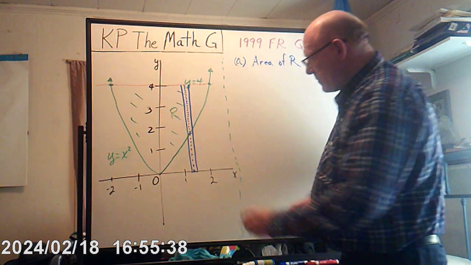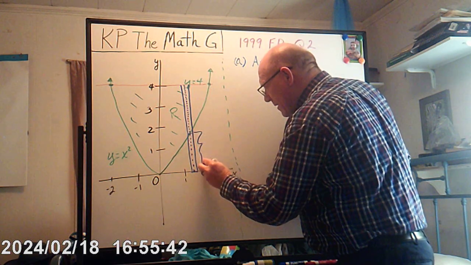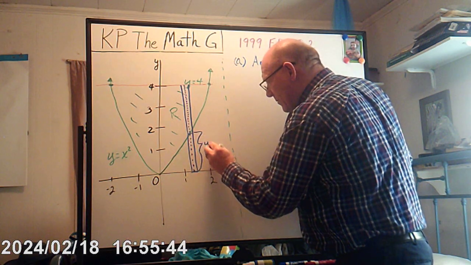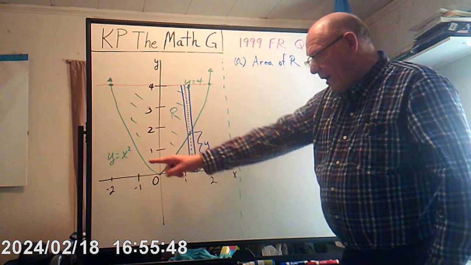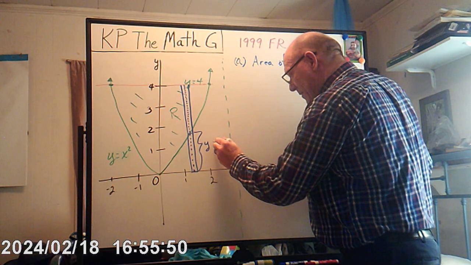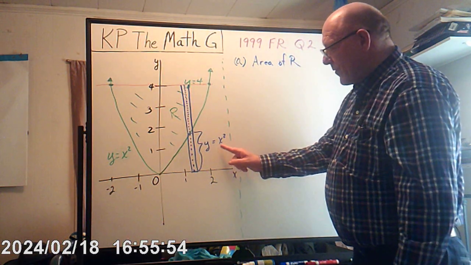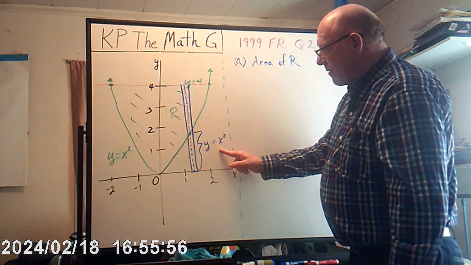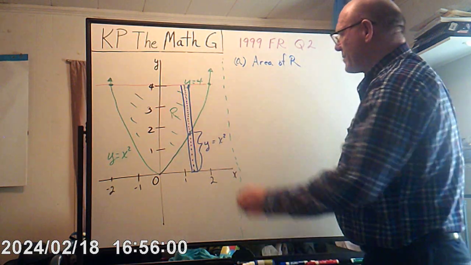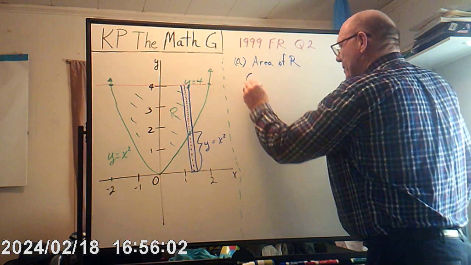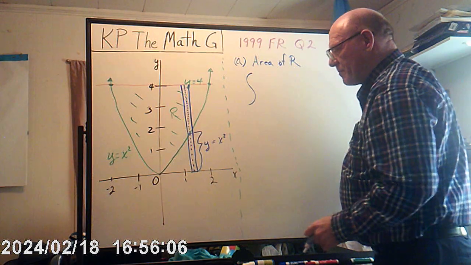This height is how far up it is. It's y, but we know what y is: y is x squared. We want to subtract this off. There are two ways to attack this problem.